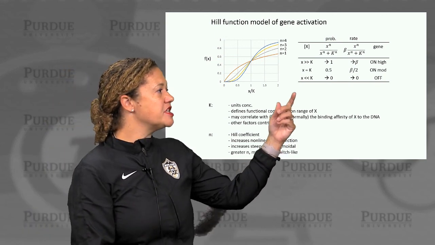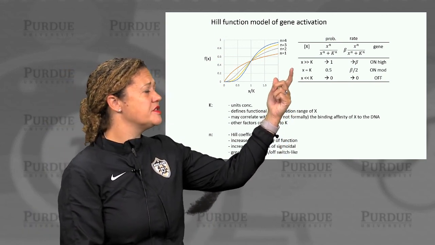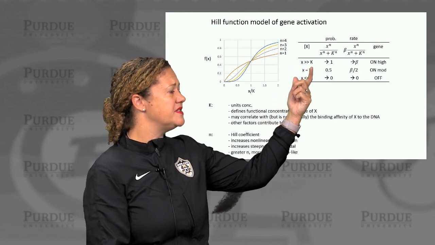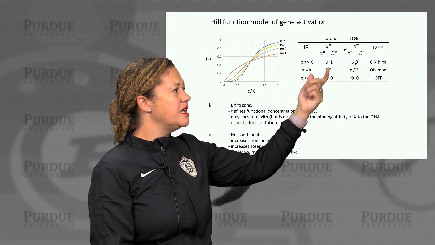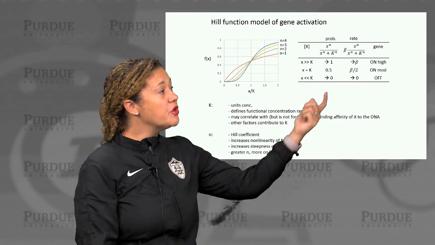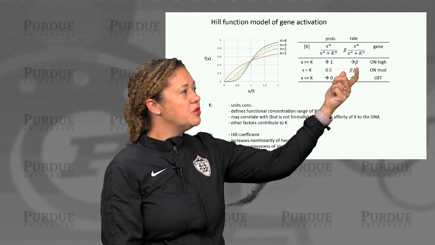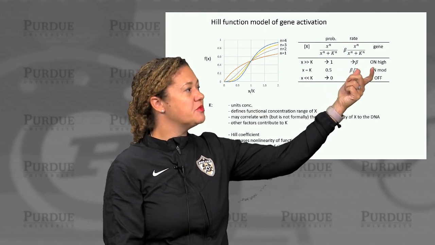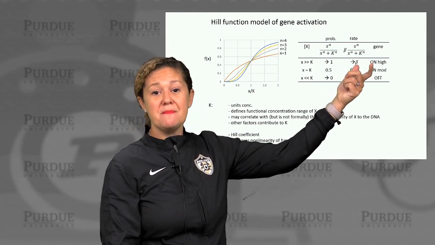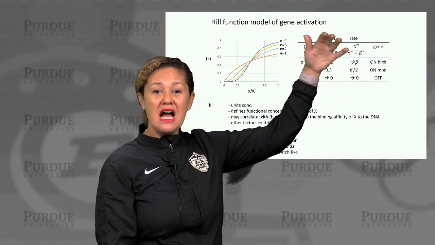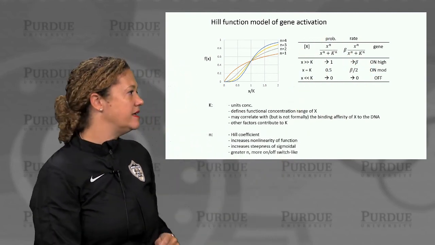And if we look at our function when X is very large relative to K, we can see our probability approaches 1. And therefore the rate, when we multiply this by our beta, would approach beta, or our gene would be approaching maximally or at a high level of on state.